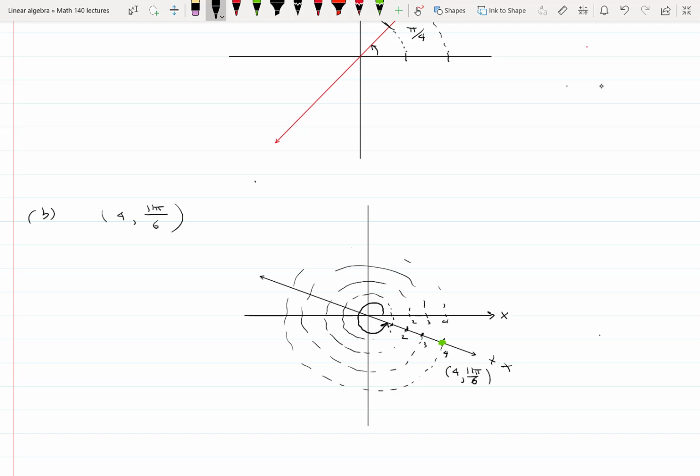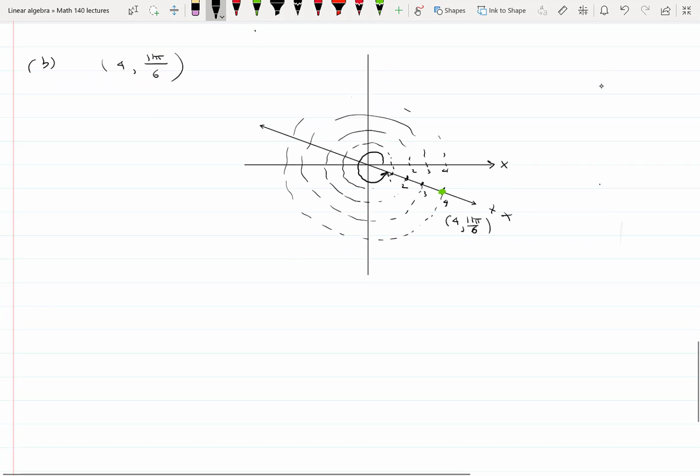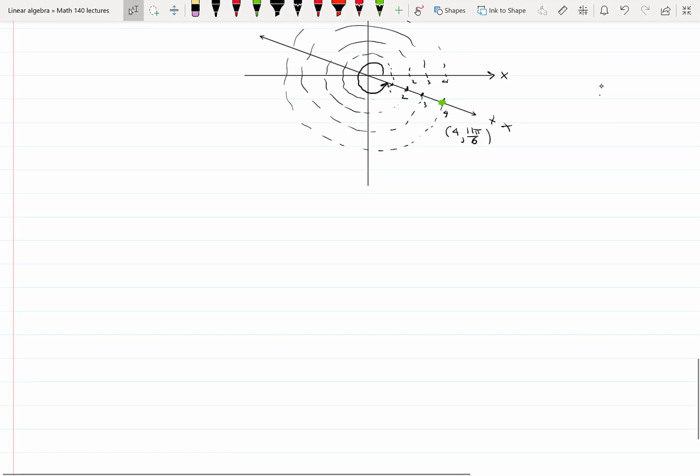All right. So our task now is to develop the concept of polar coordinates further and to address 3 common problems that students have with polar coordinates. 3 very, very common problems. Let's take a look at each of those problems as we learn and develop the concept of polar coordinates further.